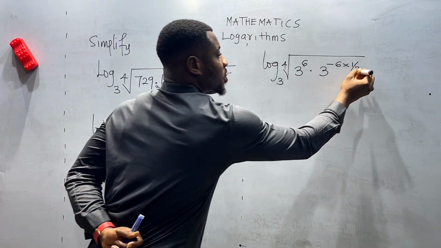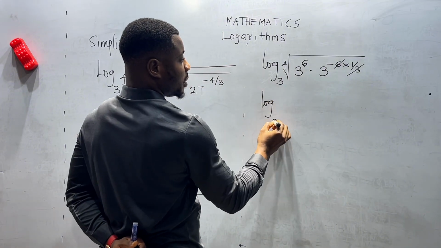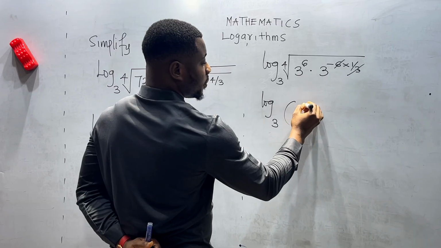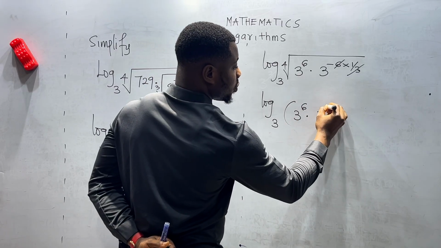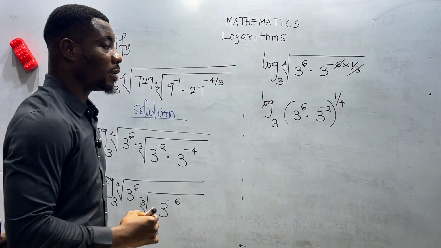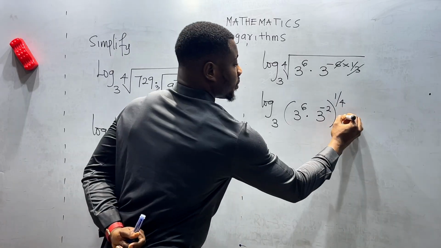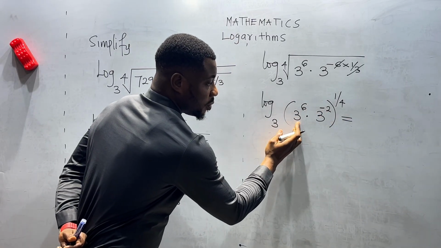So these two can go out here. So we have log base 3. At this point, we're now having 3 to the power of 6 times 3 to the power of negative 2, then to the power of 1 over 4. Now remember that if we apply indices here, it becomes 6 minus 2, picking a common base 3.